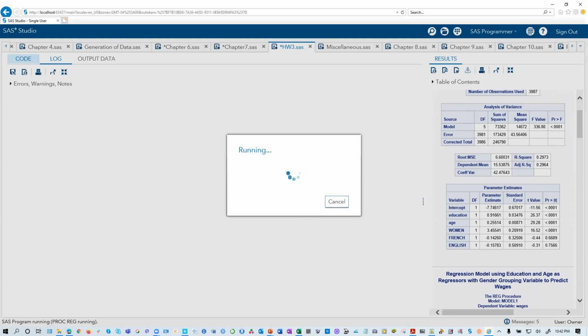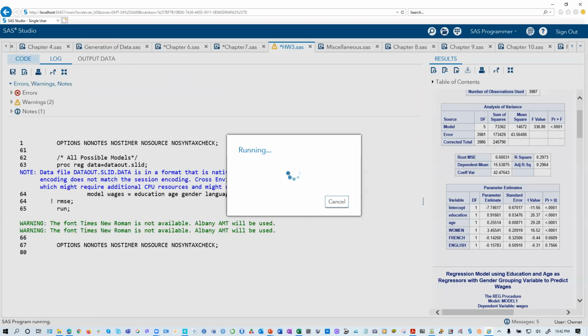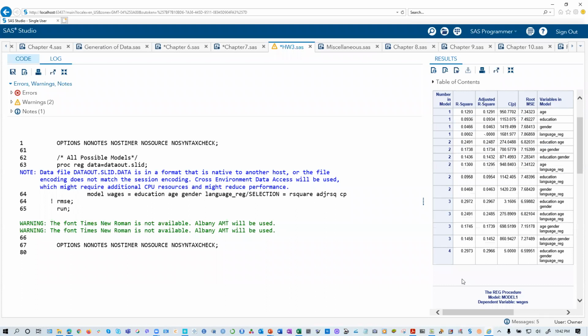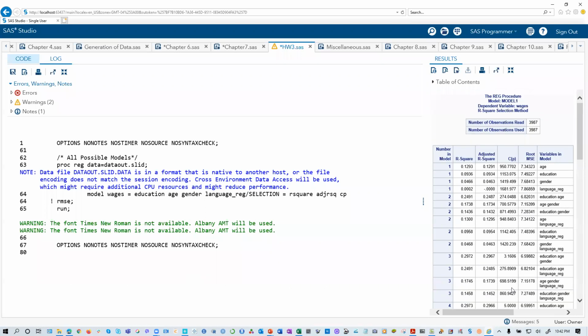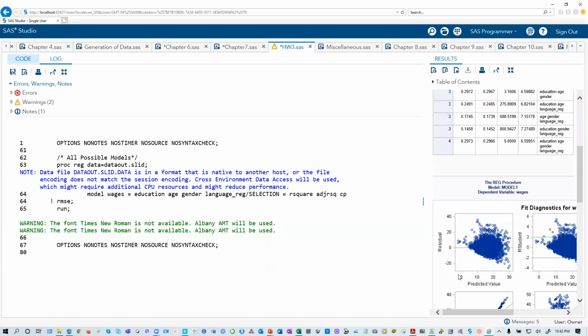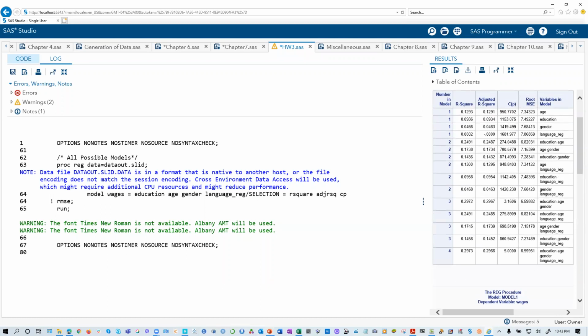All possible models will be listed here. See? Look at, as I said, these are singles, then with 2, with 3, with 4. That's the same picture that we're going to see here.